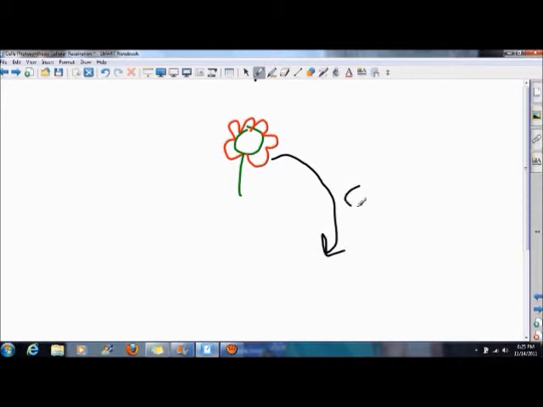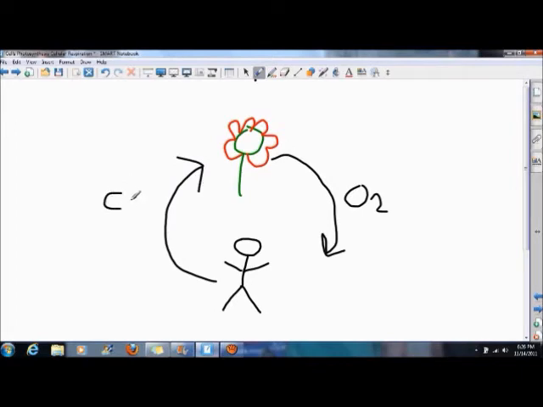They produce oxygen, or O2, which we take in. And we use that oxygen. And whenever we use that oxygen, we kick out for plants CO2, or carbon dioxide, which they need.